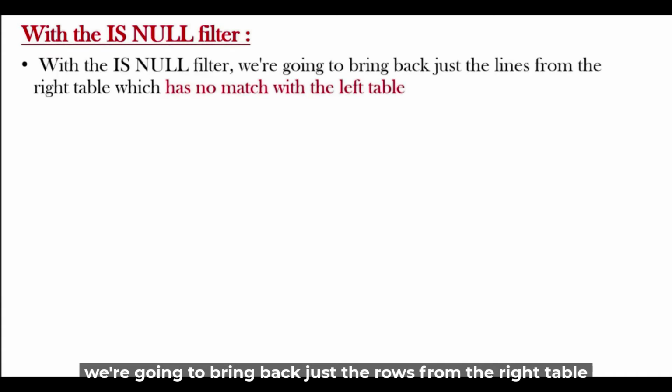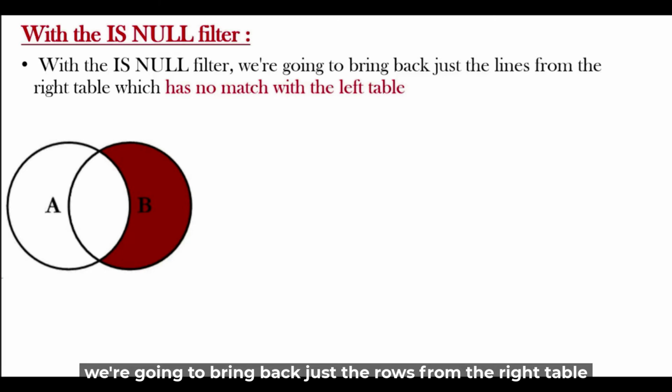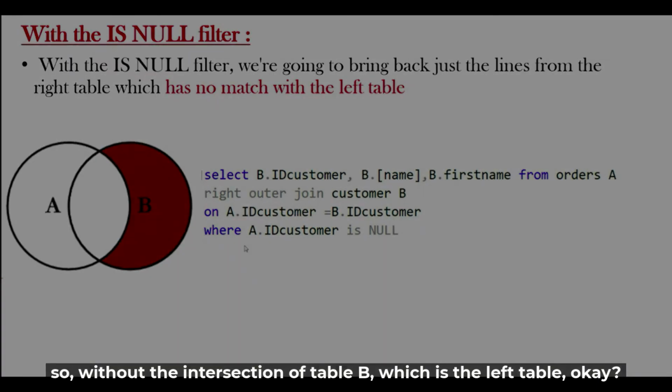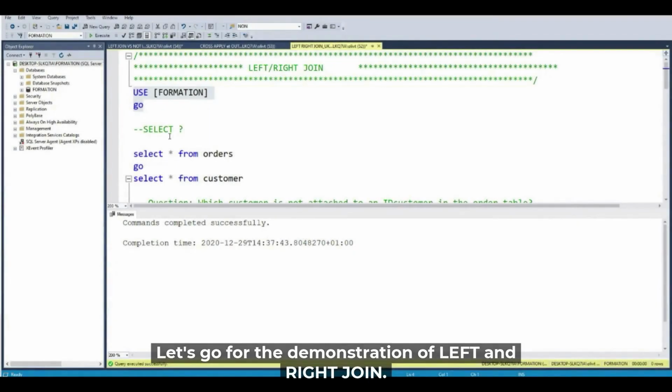We bring back just the rows from the right table that have no match with the left table, without the intersection of table A and table B.